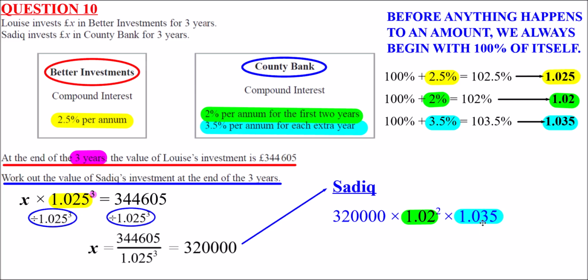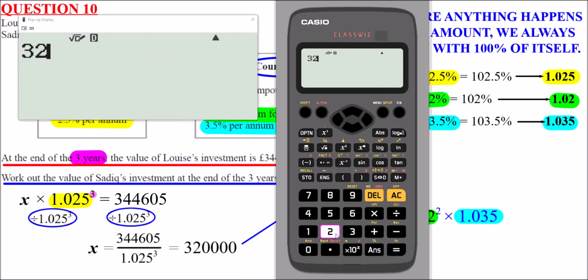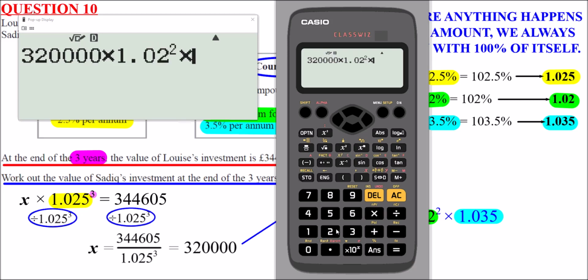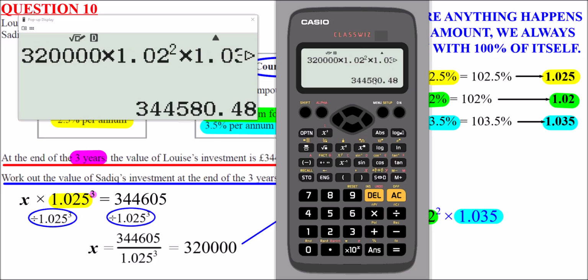We only multiply by that value once because it's only getting interest at that rate for the third and final year only. So we just type these values into our calculator: 320,000 multiplied by 1.02 squared multiplied by 1.035, and we get this answer here.